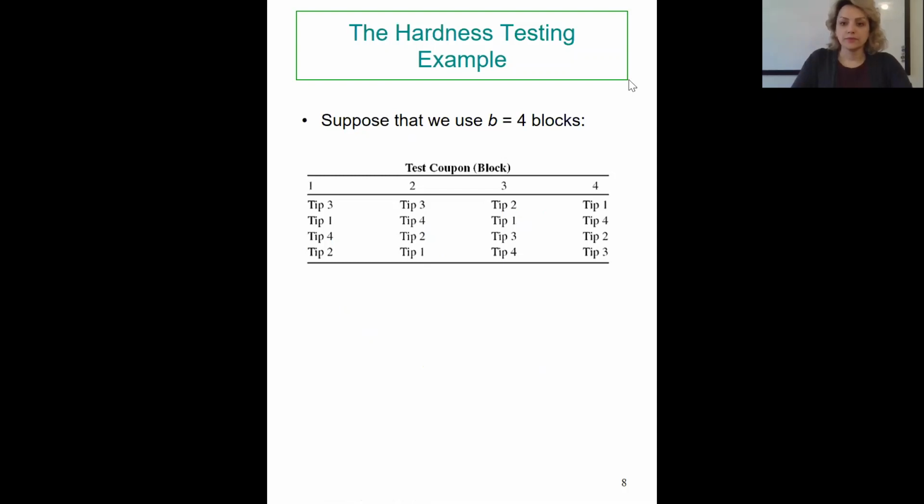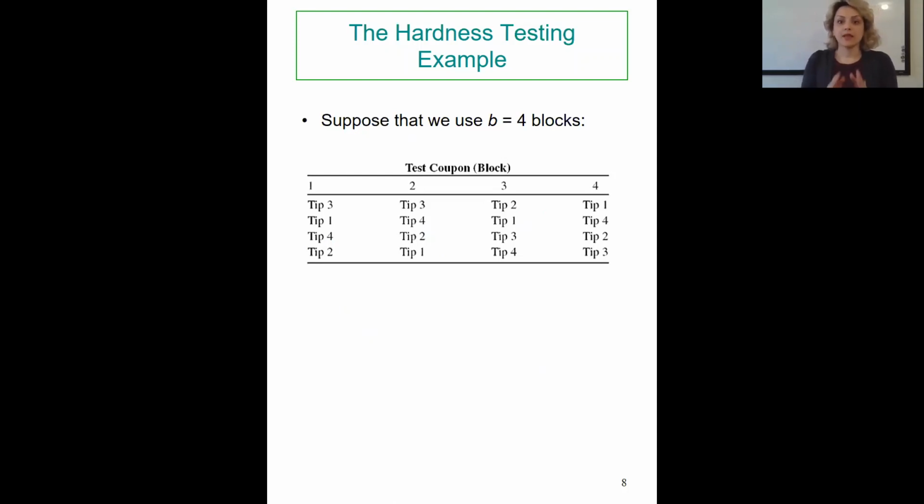Now look here, so we can visualize it better. Here is the test coupon, and we said we have 4 tips, right? So each of these coupons is going to be one block for our experiment.